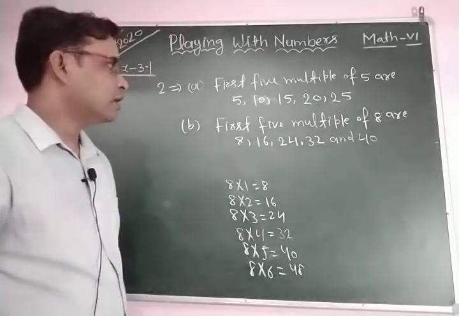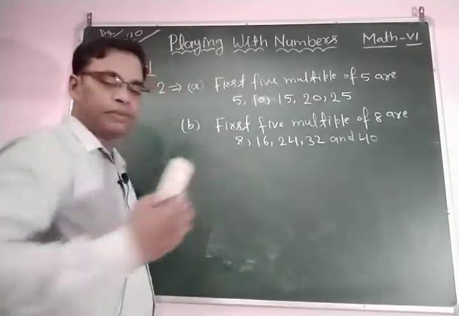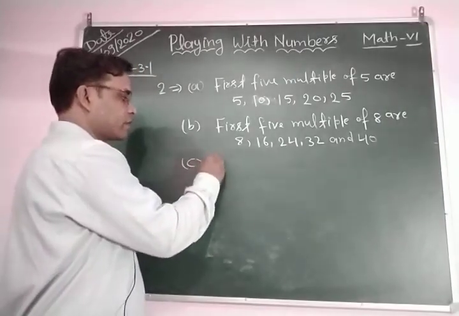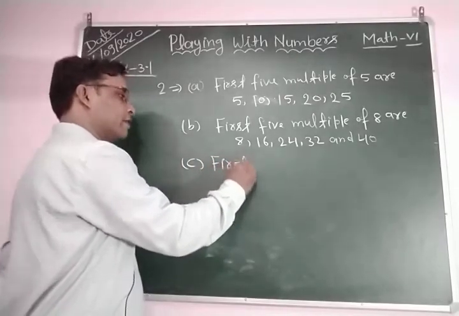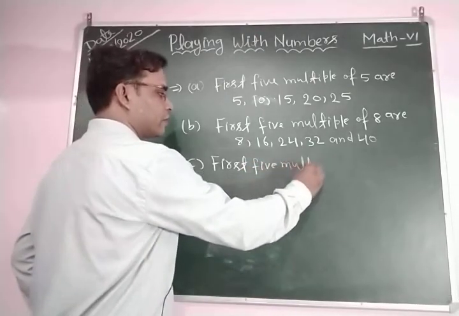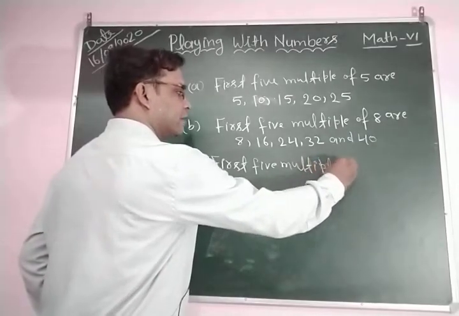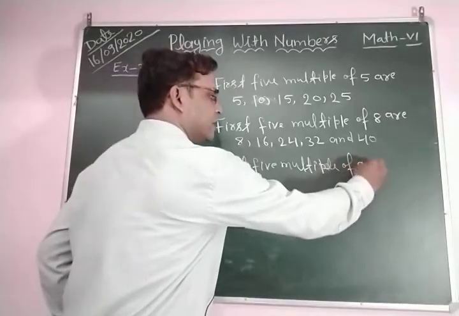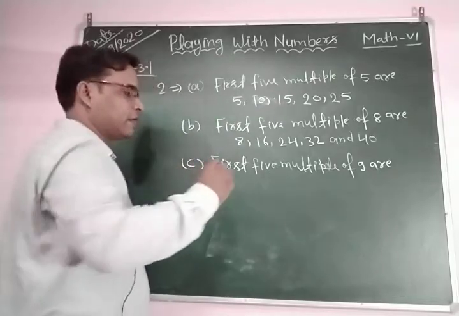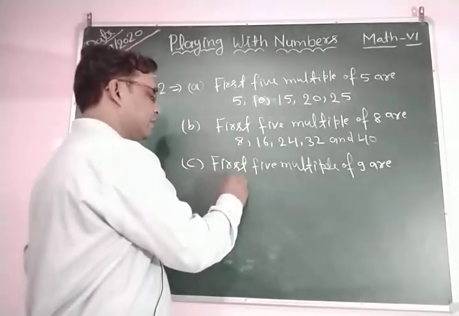And the next part, this is 9. Okay, so we need to find again the first 5 multiples of 9. This is part C. We write here the first 5 multiples of 9. When we multiply 9 by 1, we get 9. This is the first multiple.